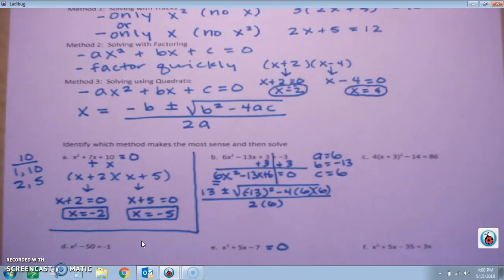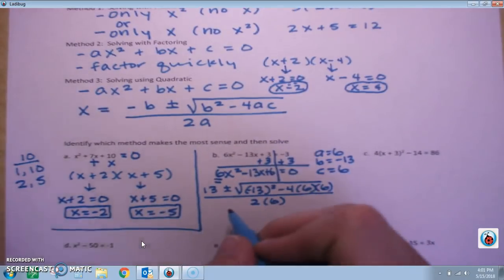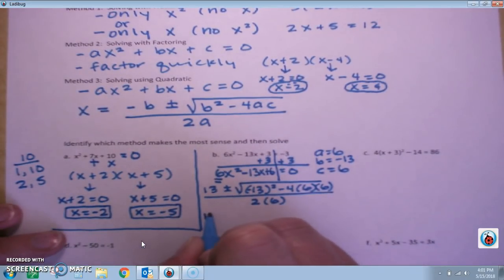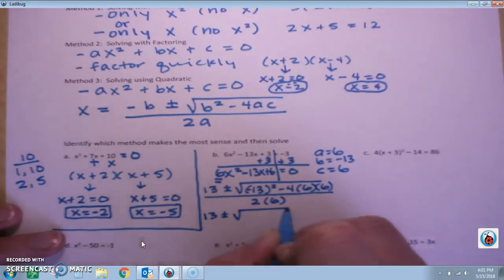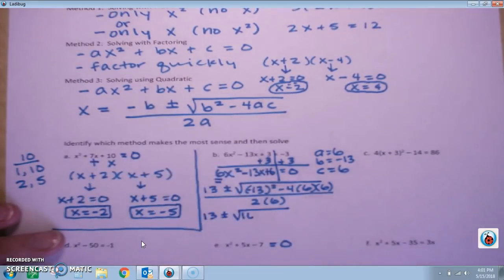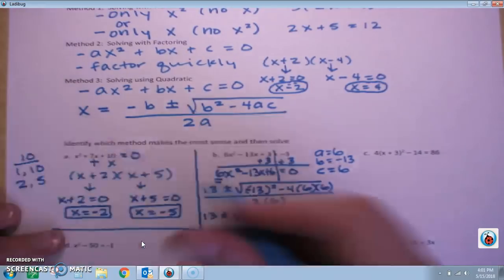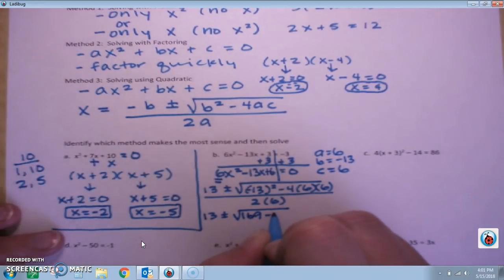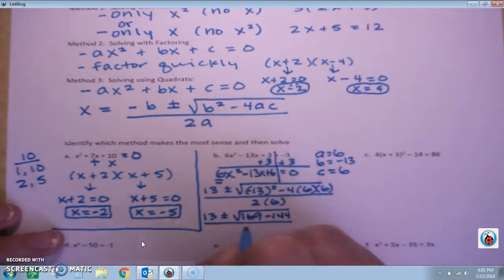So negative 13 squared is 169, and then negative 4 times 6 times 6 is negative 144. So next I would have 13 plus or minus the square root of 169 minus 144 all over 12.